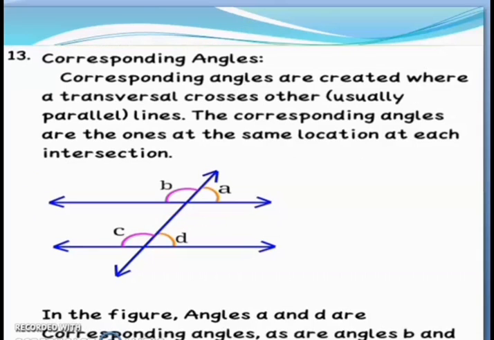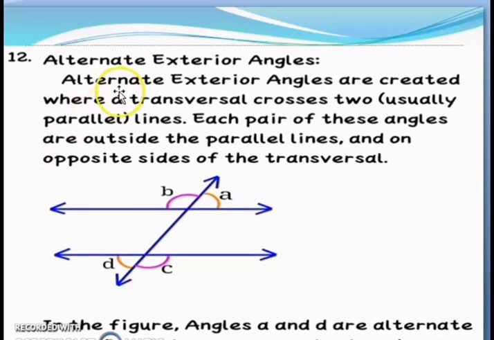Now another type of angle is alternate exterior angles. Alternate exterior angles are created where a transversal crosses two usually parallel lines. Each pair of these angles are outside the parallel lines and on opposite sides of the transversal.